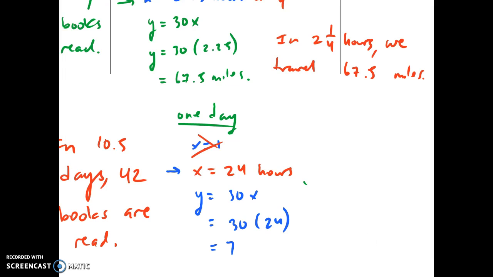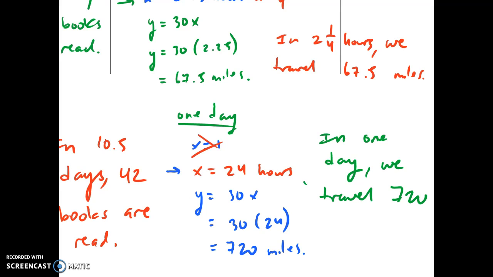And we're going to get 720 miles. All right? So this means in 1 day, or you could write in 24 hours, we travel 720 miles. All right? And that's it.